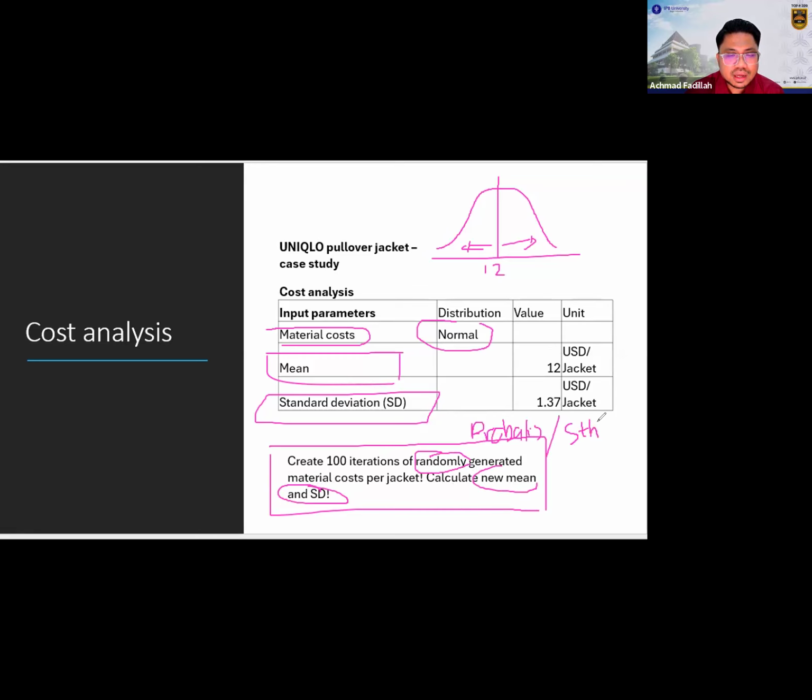It means that for every moment, the price can be higher or lower. We have a probabilistic approach to see this number, 12, exactly, without decreasing or increasing the material cost. So that's the point.